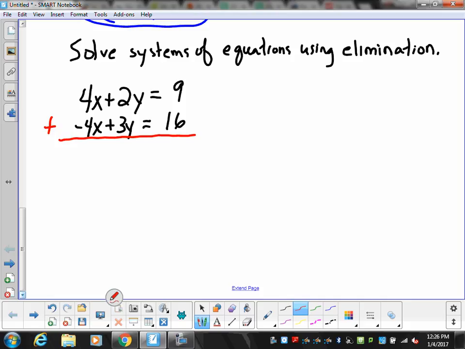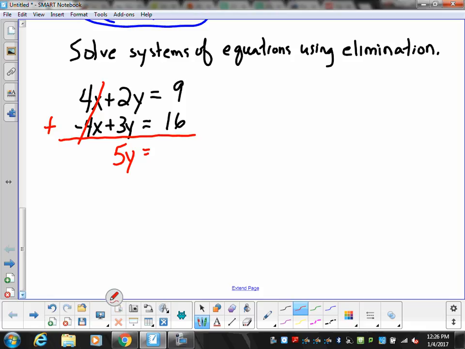Okay? So 4x plus a negative 4x eliminates the x. 2y plus 3y is 5y.